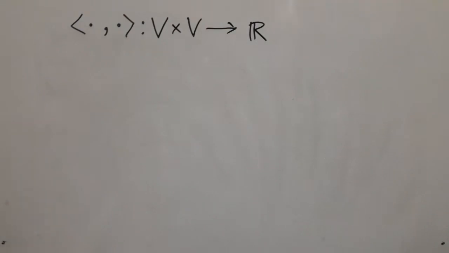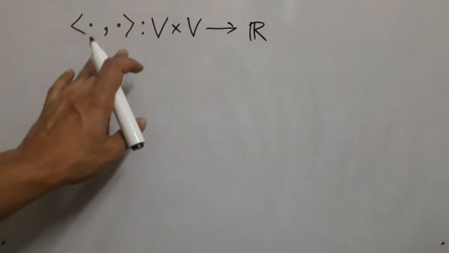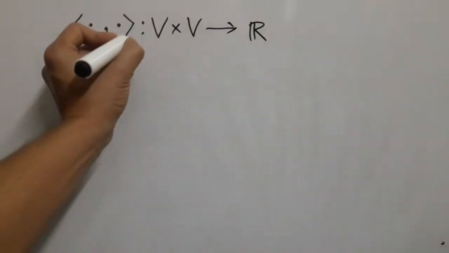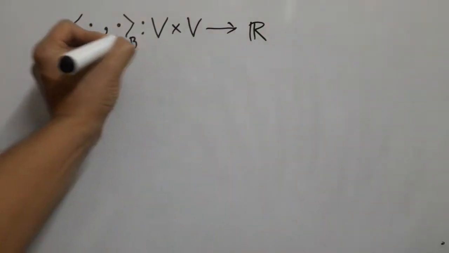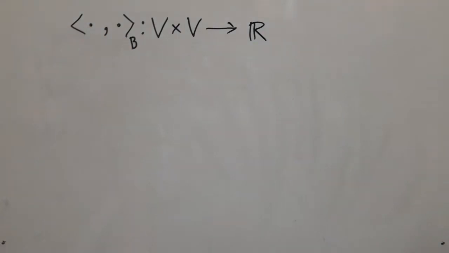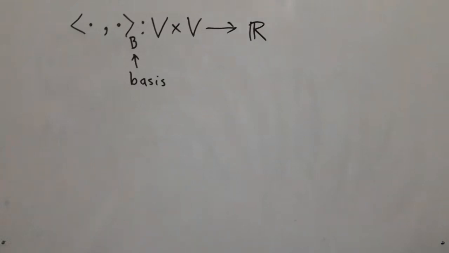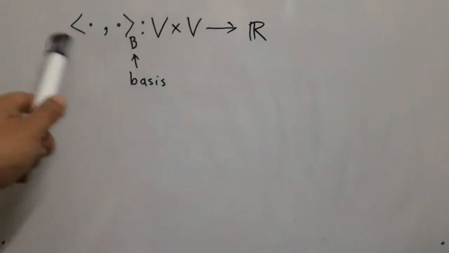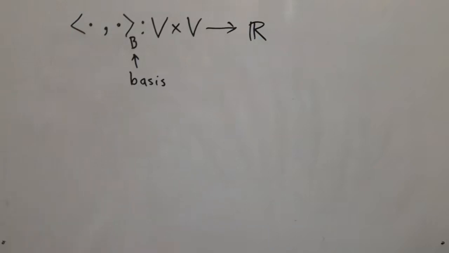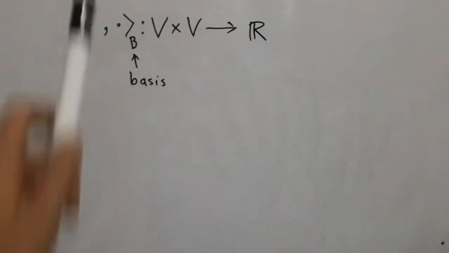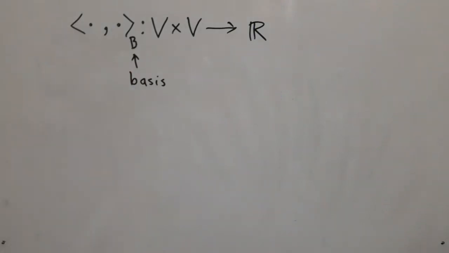Now, the way we define inner product by first fixing a basis shows that the particular inner product depends on the arbitrary basis that you have fixed at first. So, ideally, we should write it as inner product with a subscript of B, the basis. The presence of this B is irritating because when we want to state any result in terms of inner products, we want to know whether the property really depends on the vectors chosen or on this arbitrary basis.